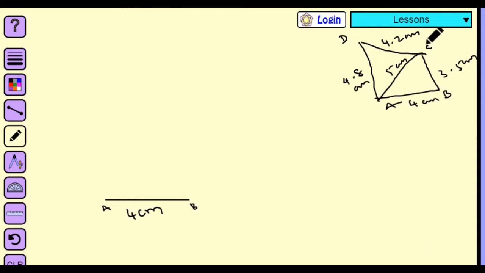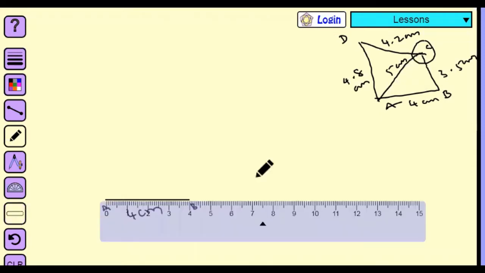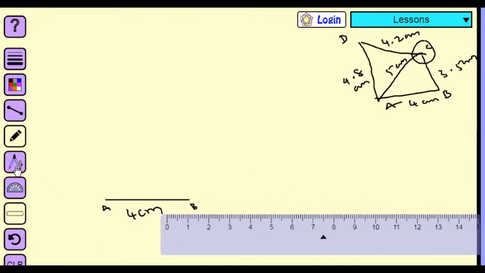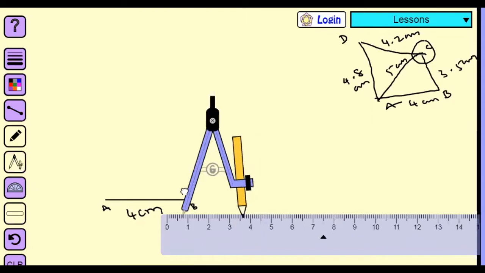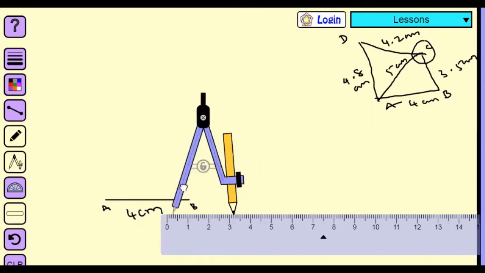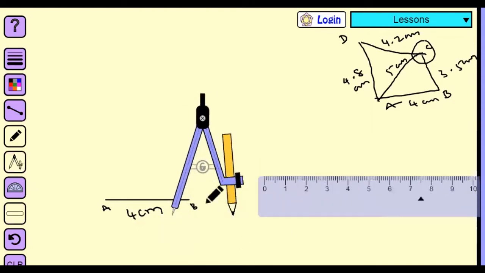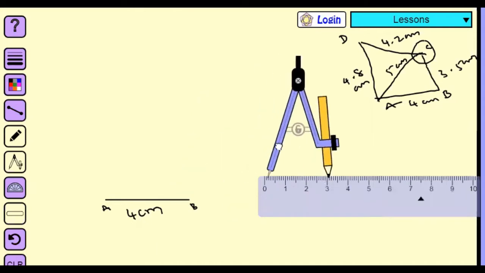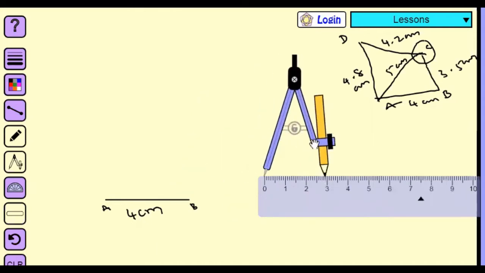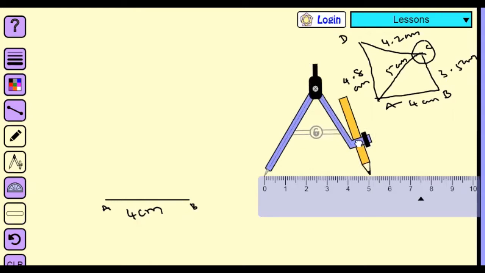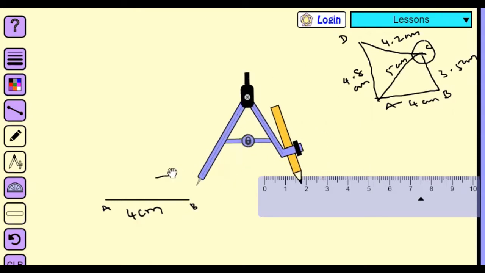So next we are going to locate the point C. The distance from A to C is 5 centimeters. Now take the ruler and set the compass radius as 5 centimeters, with A as the center.